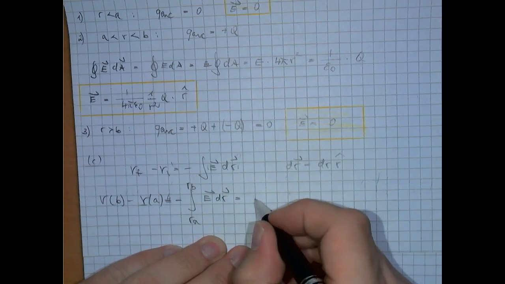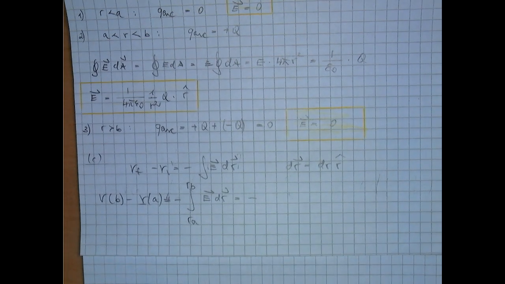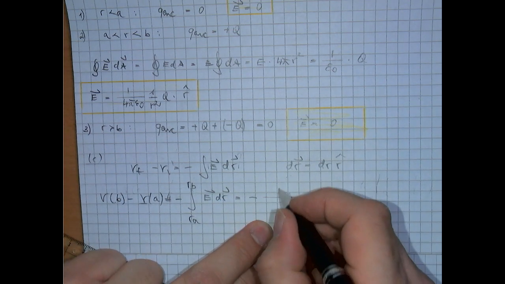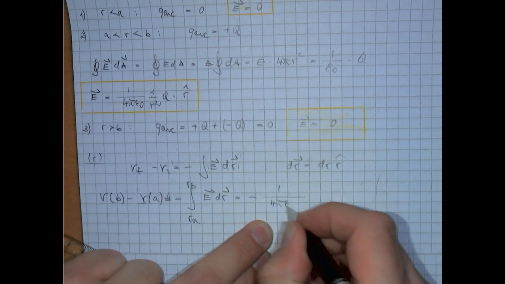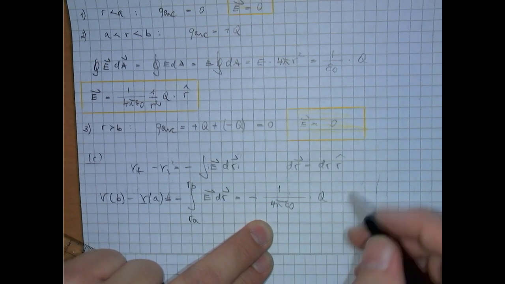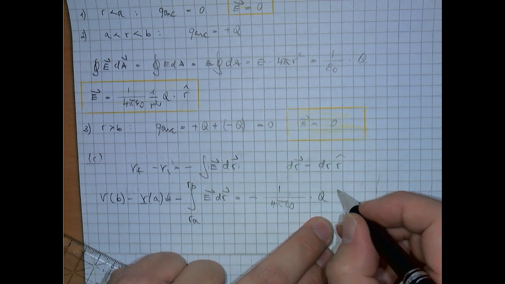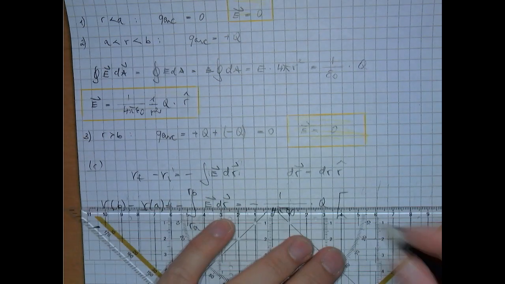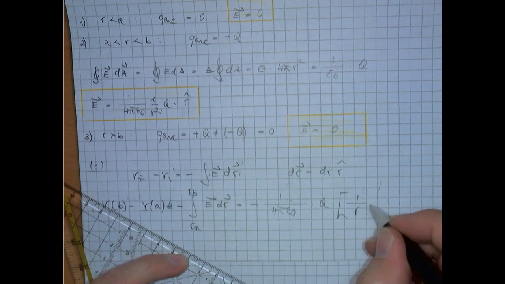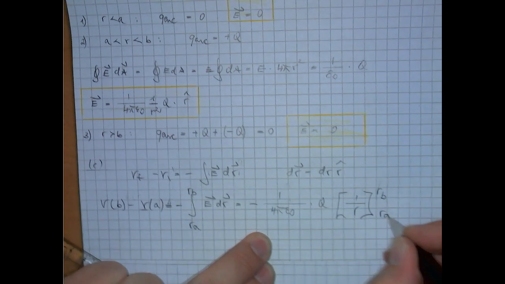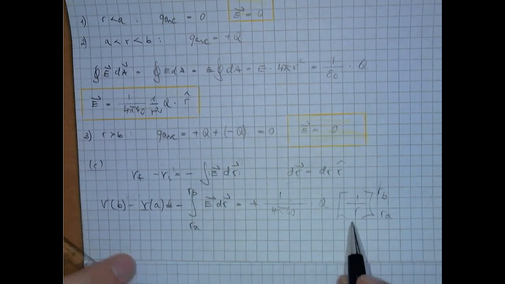So this is then something very simple: minus 1 over 4 pi epsilon naught times the charge Q, then we have an integral of 1 over r squared between r_B and r_A, but there is a plus sign here.